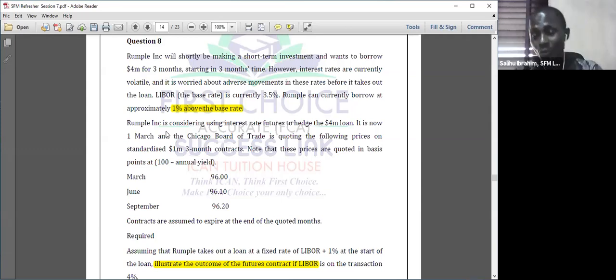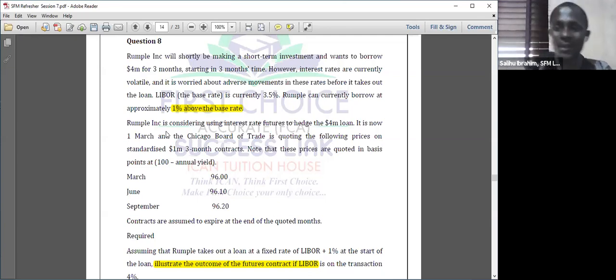And if you want to lend or deposit, you enter by buying and close by selling. Don't cram it. I've told you the principle. There is an inverse relationship. The principle is what I want you to grasp, not cramming. If I cram it, I will come here and be telling you this. You understand? It's understanding. Once you understand it, you won't have any issue. Let me repeat it.